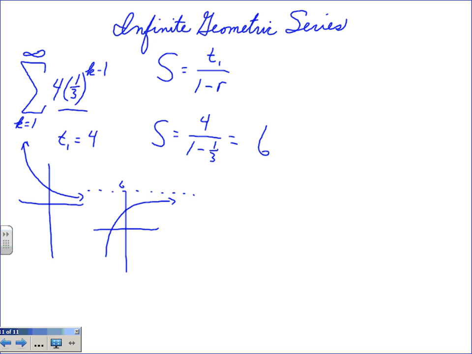It's going to converge, it's called. It's going to get closer and closer and closer to 6. And when you add this infinite series, it's going to be close enough to 6 that we could call it 6. So the infinite series would be 6. Isn't that easy?